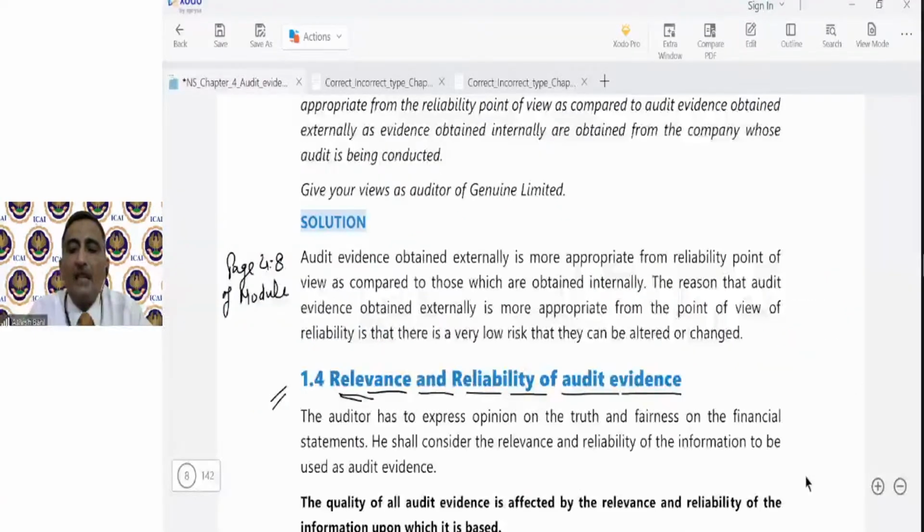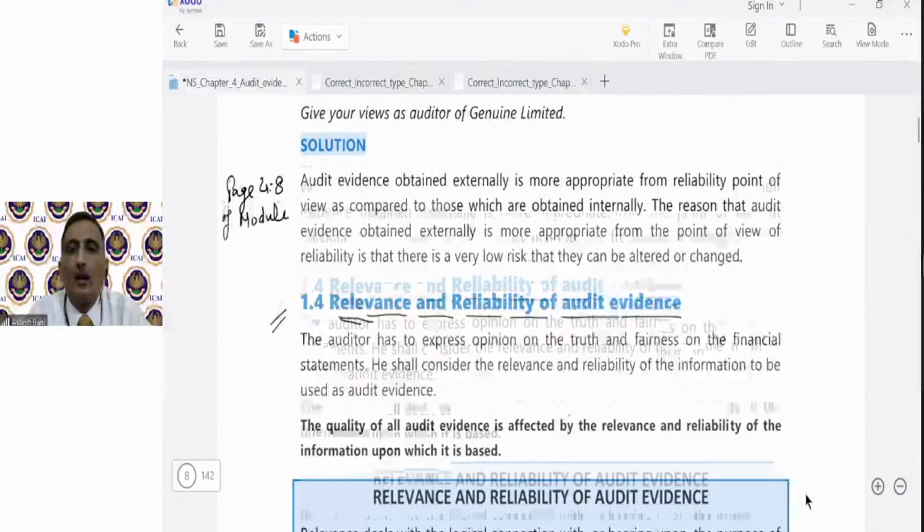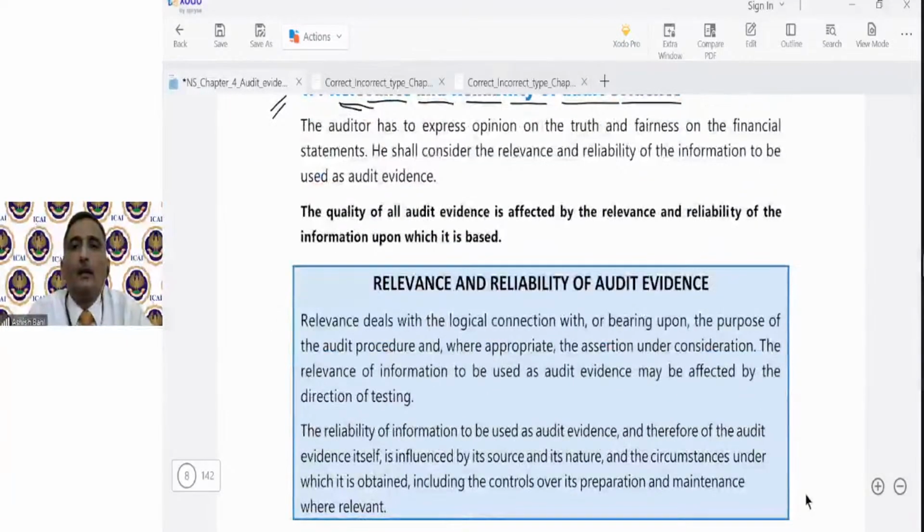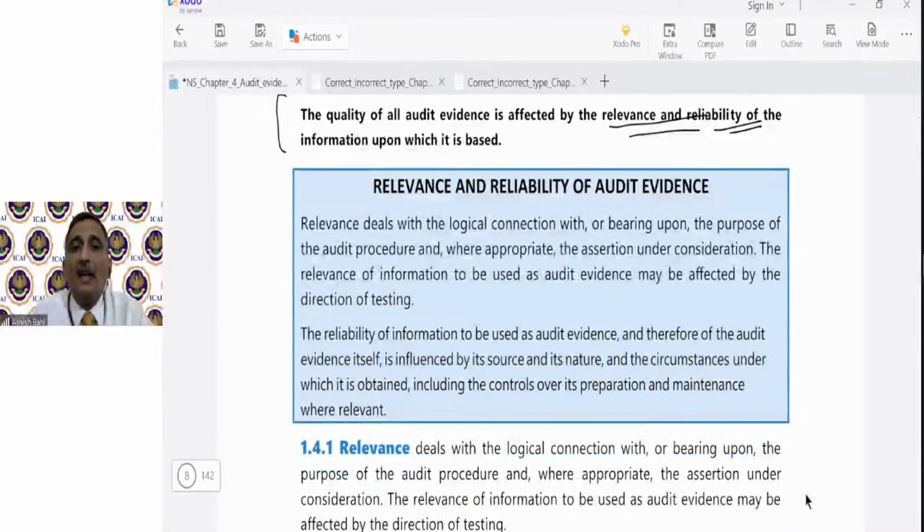Yes, we are at page 4.8 of your module. Page 4.8 of your module. The quality of audit evidence, students, is affected by relevance and reliability of information upon which it is based. So relevance and reliability, what is relevance?